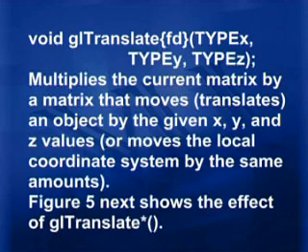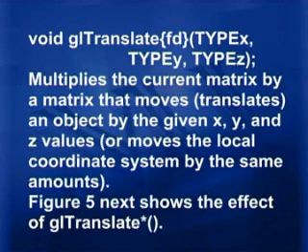You can tell very well that these x, y, and z would be the components of the translation vector. This function multiplies the current matrix by a matrix that moves or translates an object by the given x, y, and z values, or moves the local coordinate system by the same amounts.